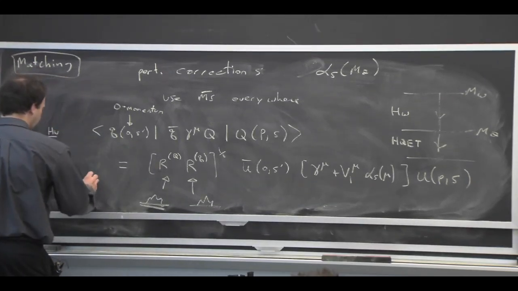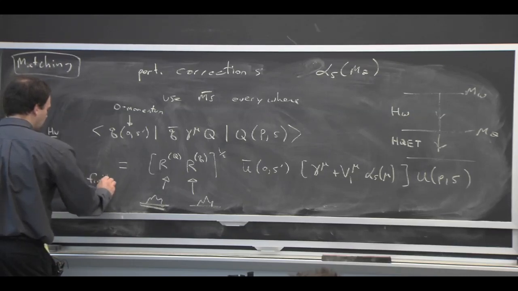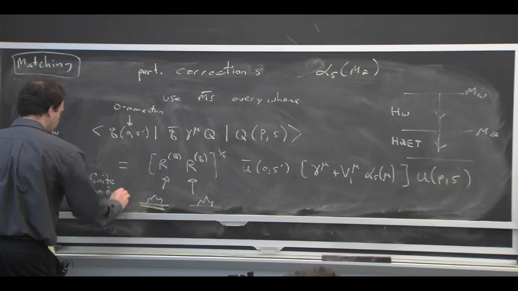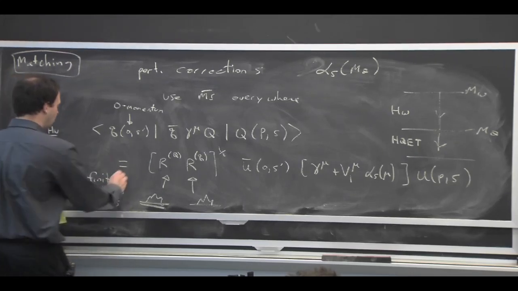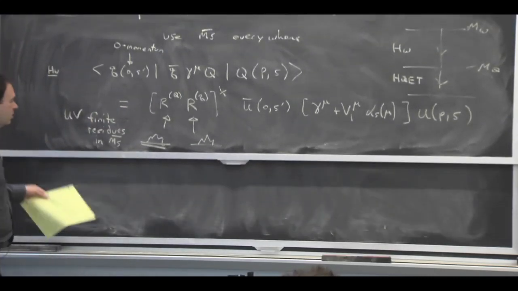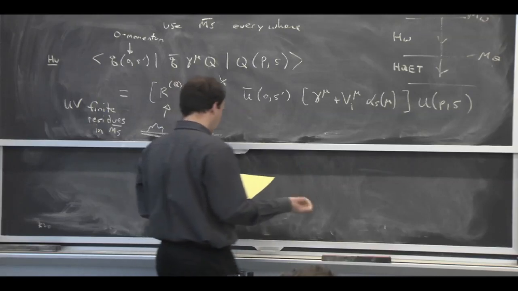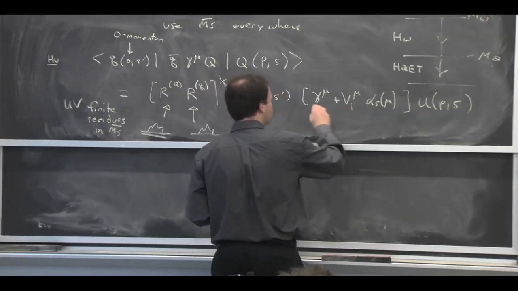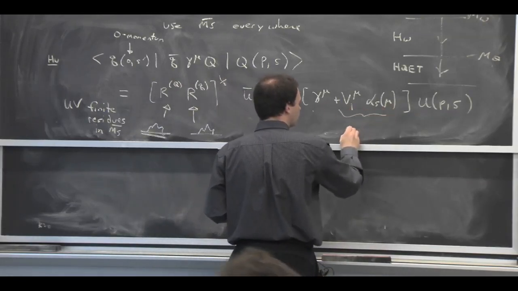So these are finite residues that you have to take account of, finite in a UV sense. So UV finite residues you have to take into account if you're just using MS bar. And this here would be the vertex renormalization graph.